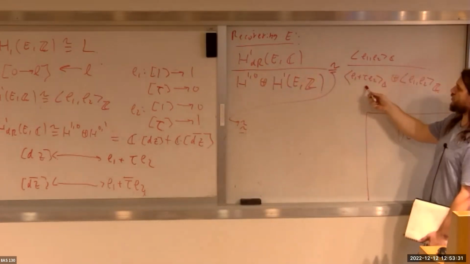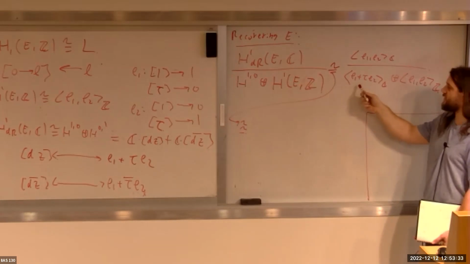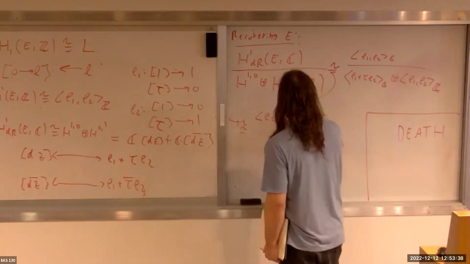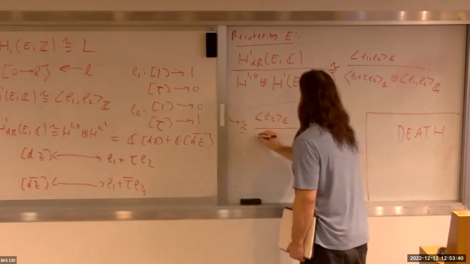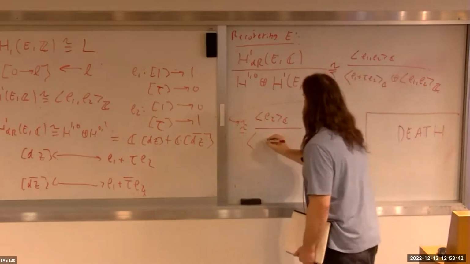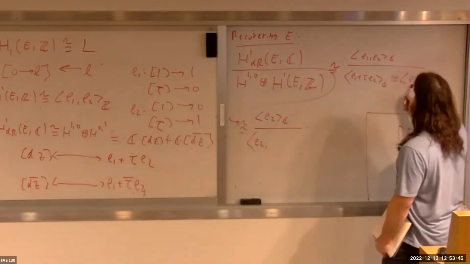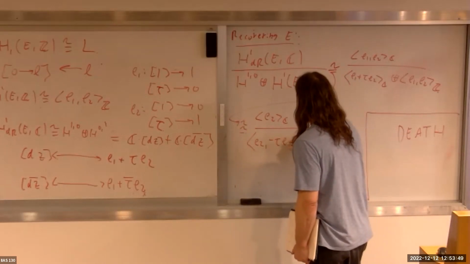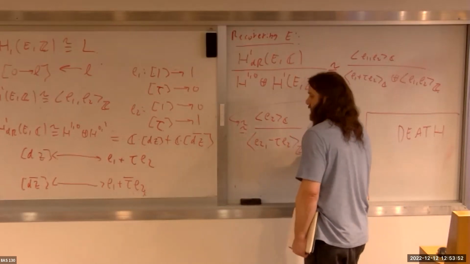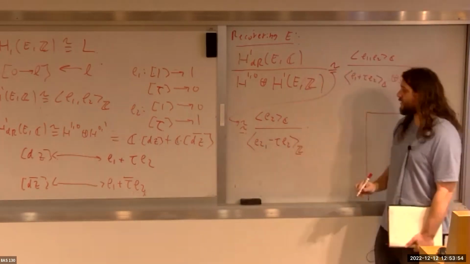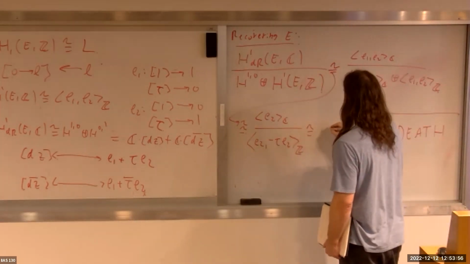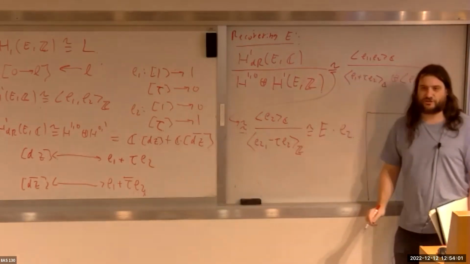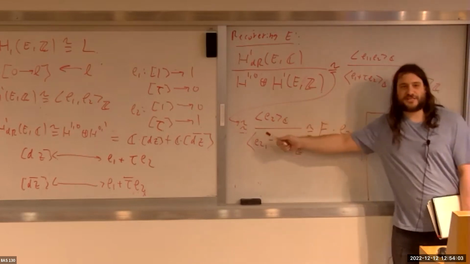So I'm going to use this quotient to eliminate the e1 variable, because e1 is minus tau e2. And I get the span of e2 over C, mod, now over Z, I still have e2, and e1 in the quotient looks like minus tau e2. But what is this now? This is exactly my elliptic curve multiplied by e2. That's exactly C mod the span of 1 and tau.